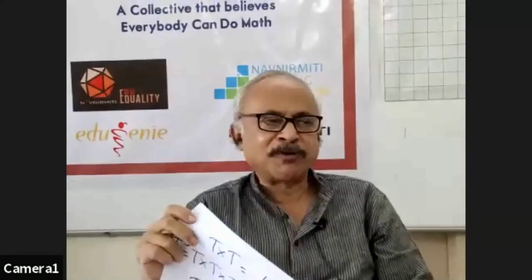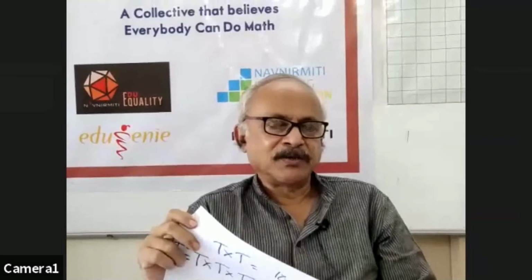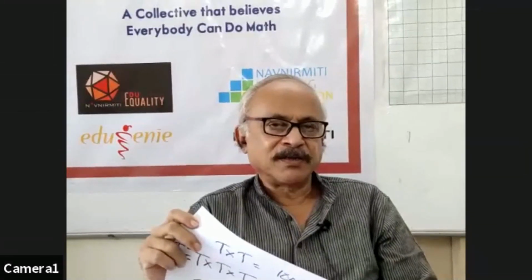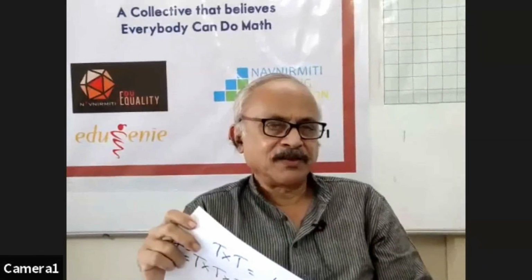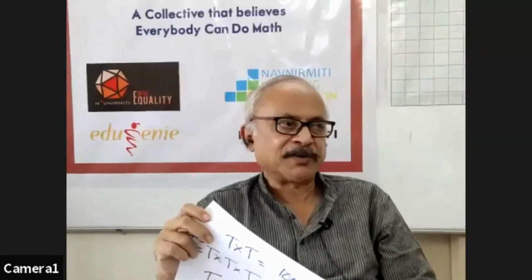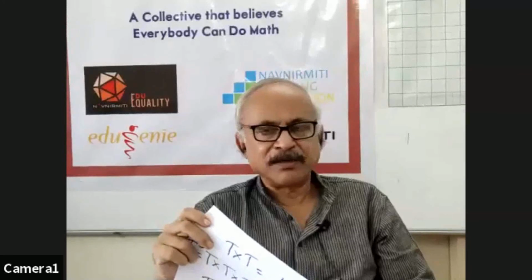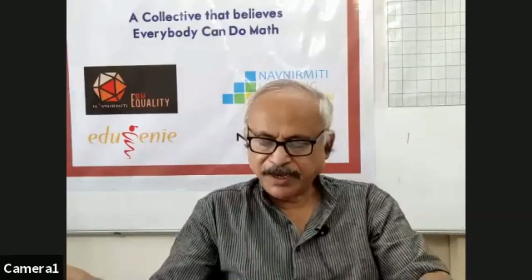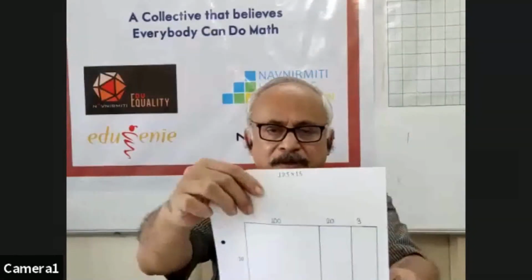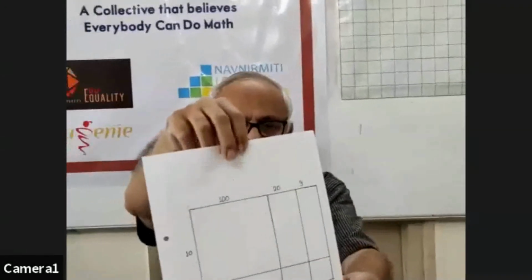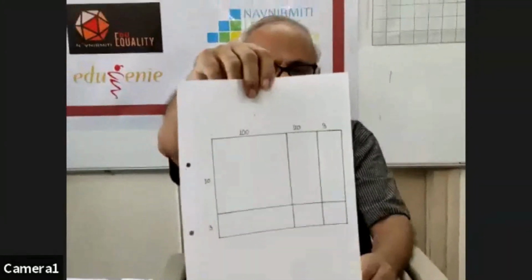Now your homework problem is to write the problem that we did earlier, which is 123 multiplied by 13. Remember, we did the problem 123 multiplied by 13. We did this problem writing the numbers as 100, 20, and 3.